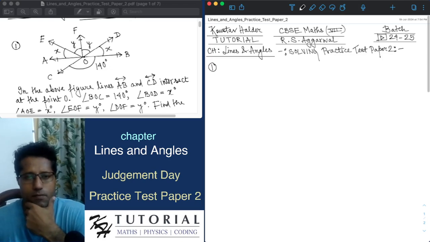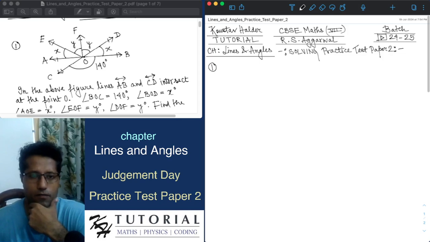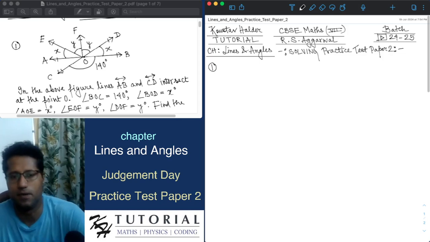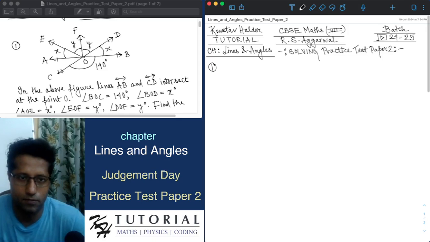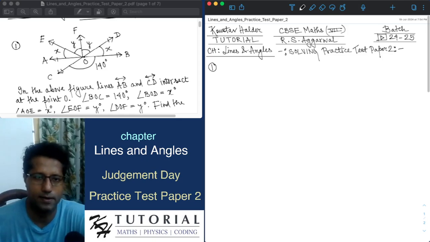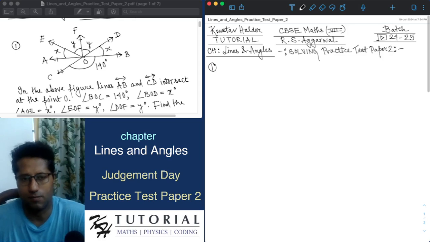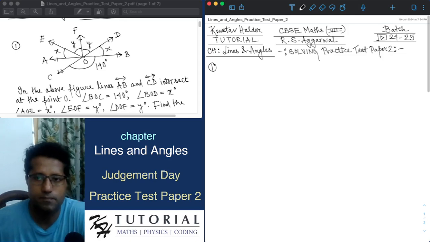And then always remember that when there is a straight line and a ray is standing on that line at a point, for example, in this figure, on the line AB at the point O, we have the rays EO, FO, and DO, the sum of all the angles on one side of a straight line should be equal to 180 degree. These two things you have to keep in mind.